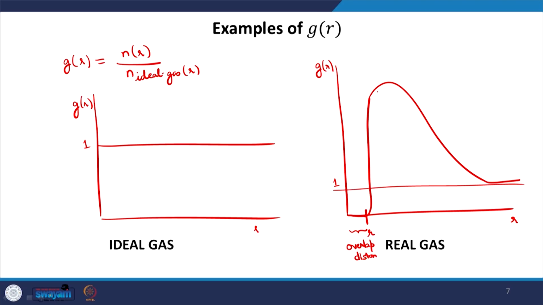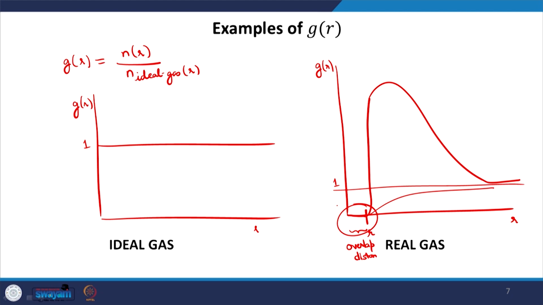Over long distances, it should go back to 1, because over long distances there is no effect of the overlap, but over short distances it should be close to 0. It may go like what I have drawn, or it may go like something like this, but the point being that at very short distances the probability has to be 0.